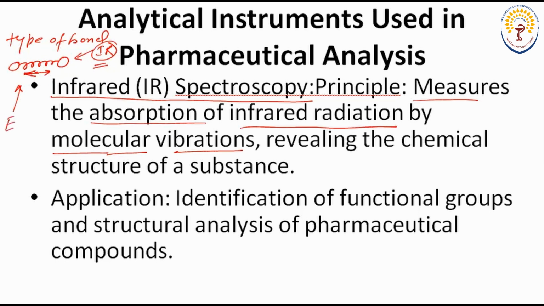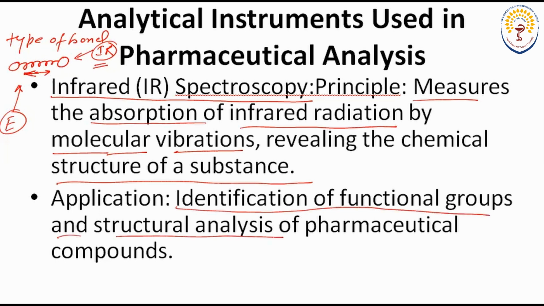When you give energy to a bond, its vibration will increase, and it will obviously absorb the infrared radiation. By the type of infrared radiation absorbed, we can identify which type of bond is present, and we can identify the structure of the substance. So it is particularly used in the identification of functional groups and also structural analysis.